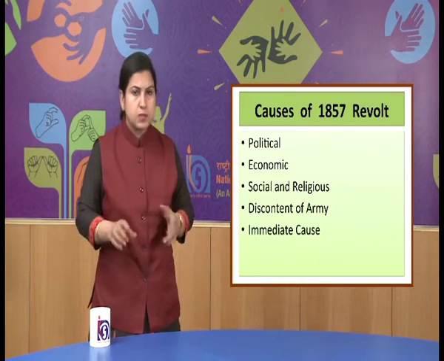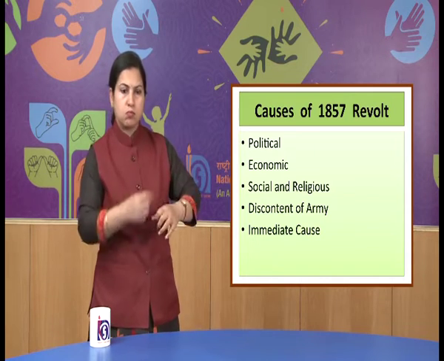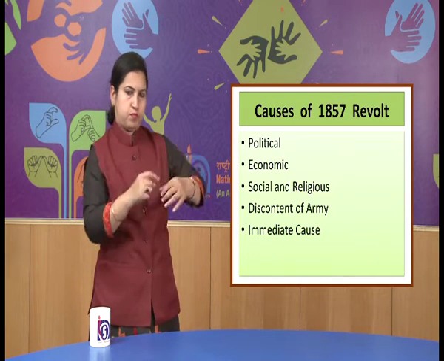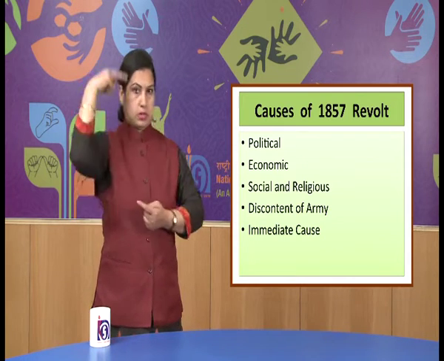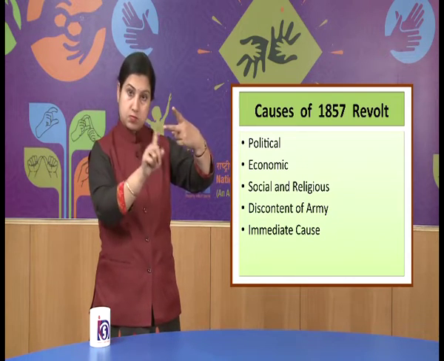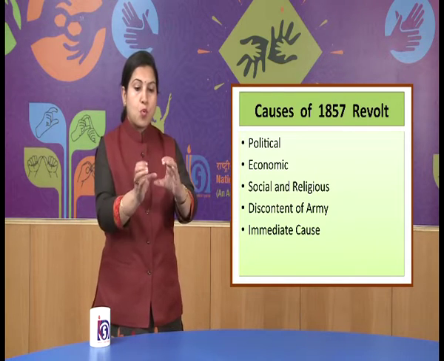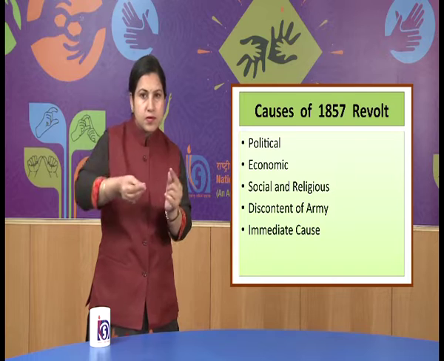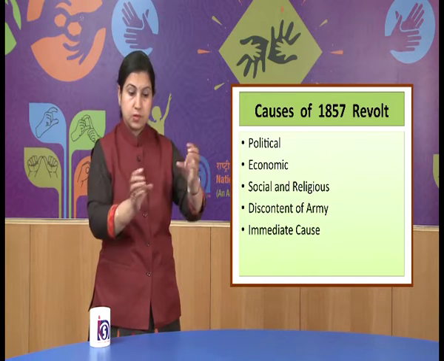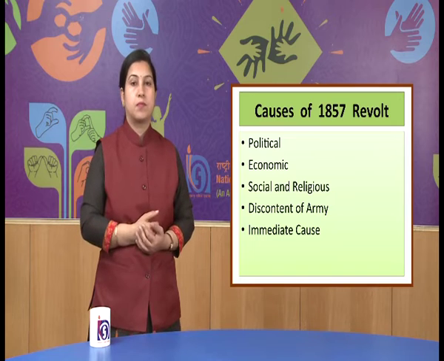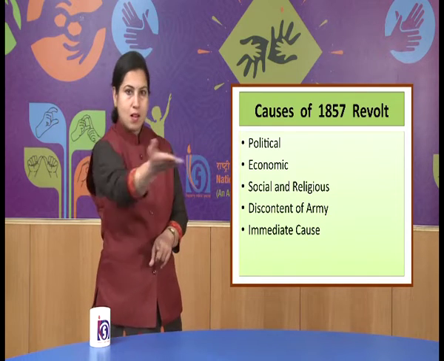Learners, we can divide these causes into 5 categories. The first category is the political causes. The second category is the economic causes. Third category is the social and religious causes.